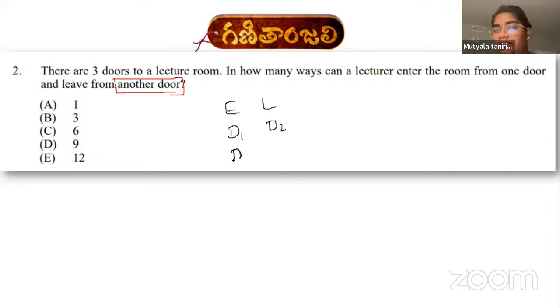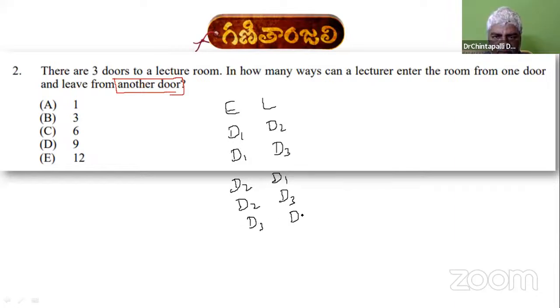D1 and D3. Yes, D1, D3. D2, D1, D2, D2, D3, D3, D1. D1, D3, D2.